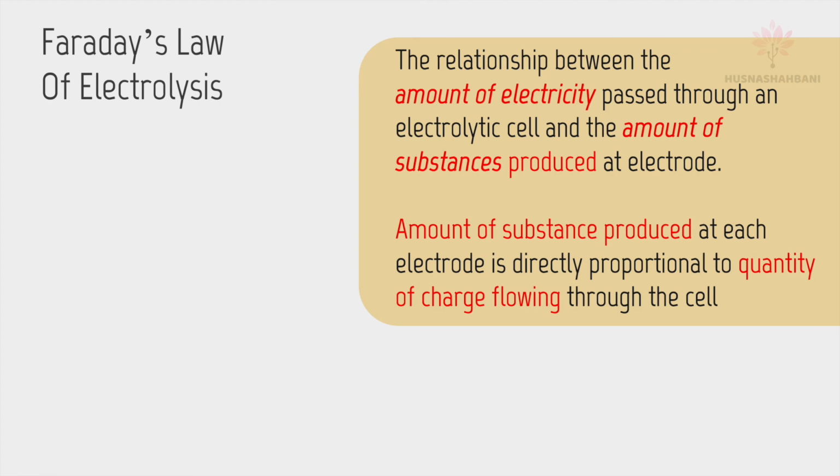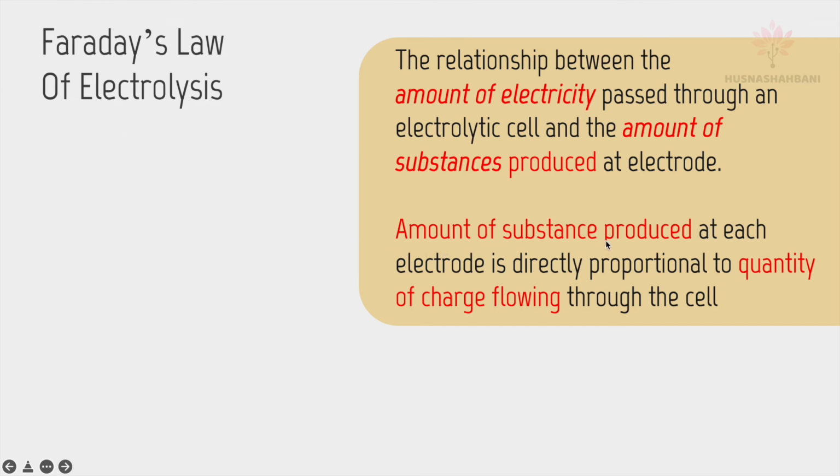Next, Faraday's law of electrolysis. It is the relationship between amount of electricity passed through an electrolytic cell and amount of substance produced at the electrode. You can calculate how much electricity passed through, how much product is produced at the electrode by using Faraday's law of electrolysis.